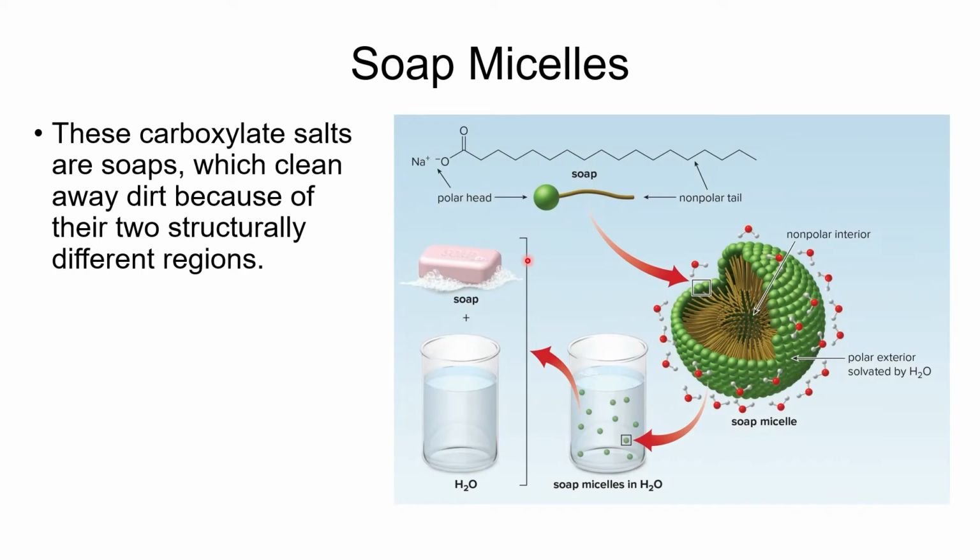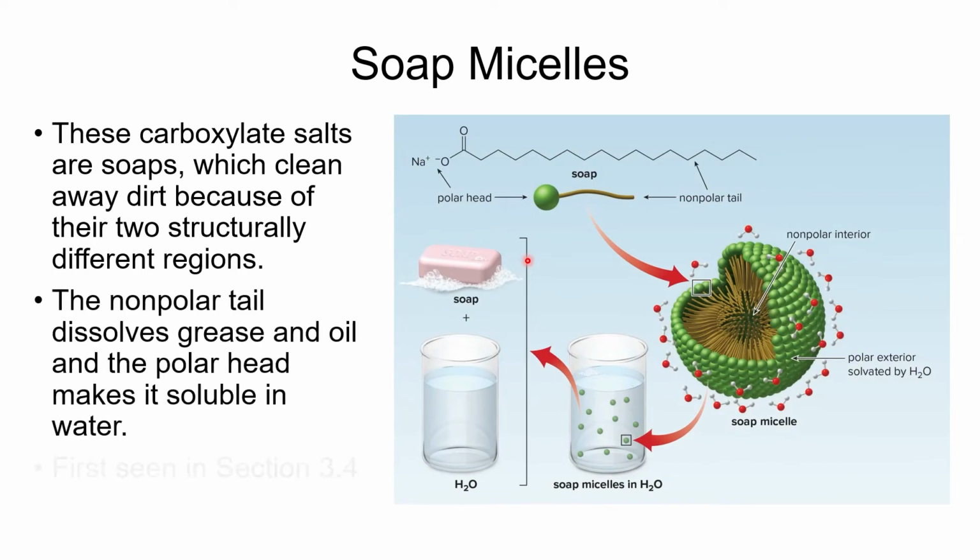Now, I've shown this picture before, way back in chapter 3, when I first talked about soap and this kind of molecule. But the whole point is that these nonpolar components kind of stick into a big droplet of oil, and the polar part on the end is at the surface of that oil.